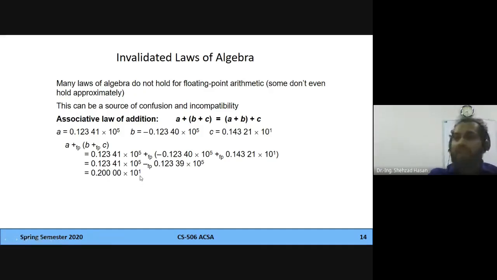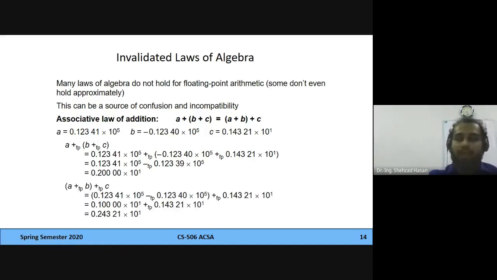And if you do a plus b first and then add c to it, you get a much more precise answer, which is 0.24321 times 10 power 1. So what happened over here? The main reason why you're getting a different answer is that when you were adding b and c, they were numbers having very different exponent values, right? We had 10 to the power 5 and 10 to the power 1.